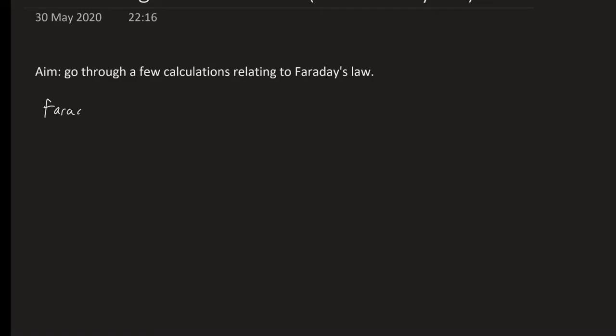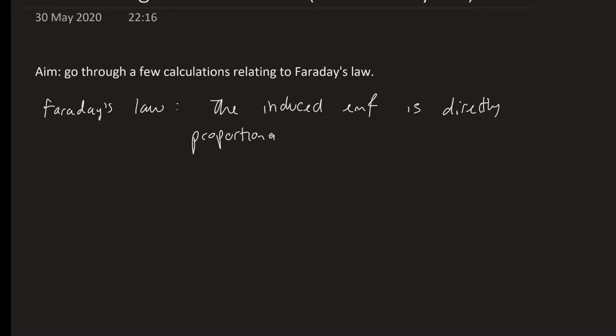So Faraday's law, as we saw in the last video, states that the induced EMF, that's the voltage we create, is directly proportional to the rate of change of flux linkage.